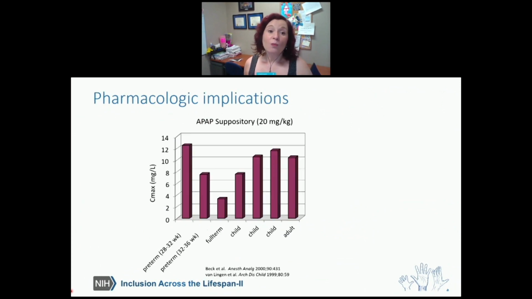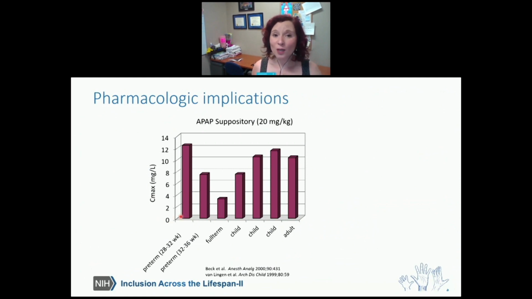For example, when we examine what happens to the disposition, or the behavior, of one of the most commonly prescribed medications in pediatrics, acetaminophen, what we appreciate is when this drug is given as a suppository to children of different ages, we see very different systemic concentrations of the drug achieved.